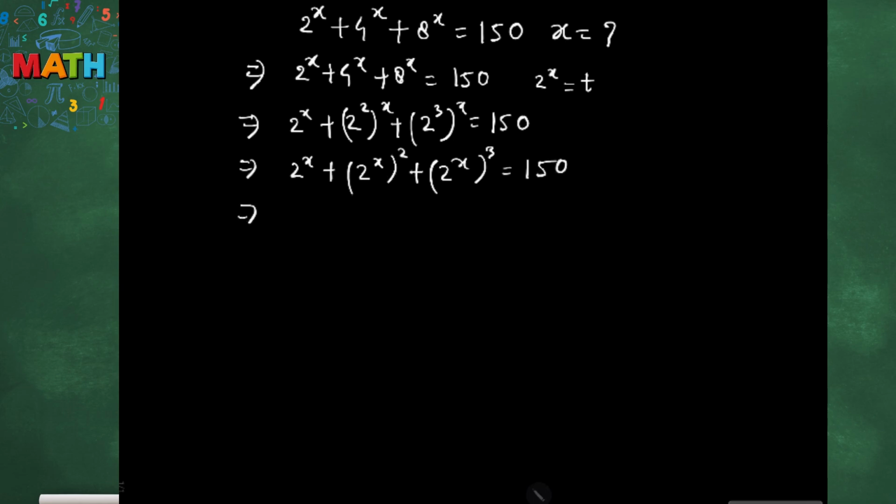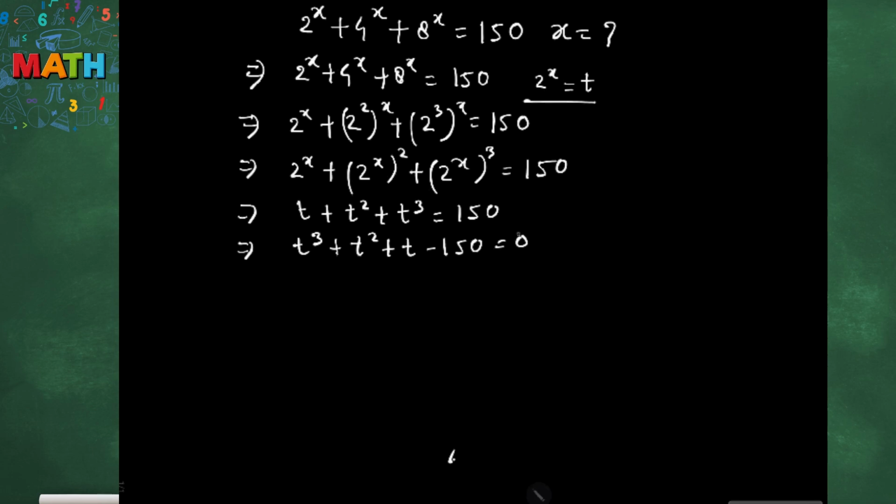Now as we are assuming 2 to the power x is equal to t, we can say t plus t square plus t cube is equal to 150. Let's rewrite this again: t cube plus t square plus t minus 150 is equal to 0.